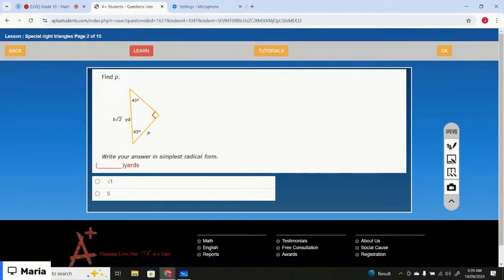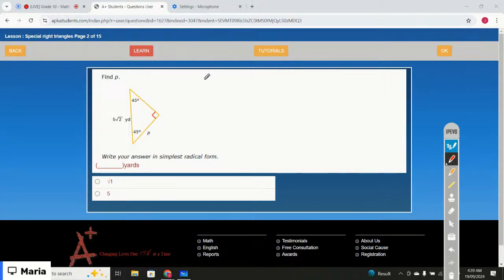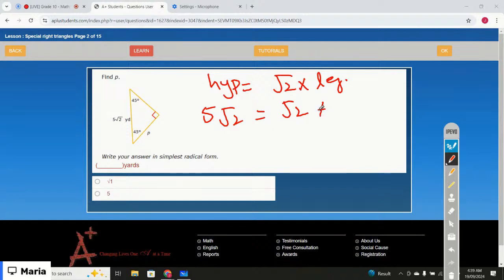Okay, the next one is find p. So how do we find p? Use the length of the hypotenuse. So hypotenuse equals square root 2 times the leg, right? So hypotenuse is 5 square root 2, and divided by square root 2 you find p.